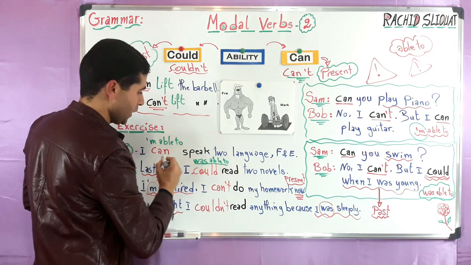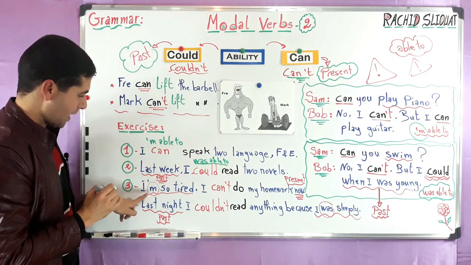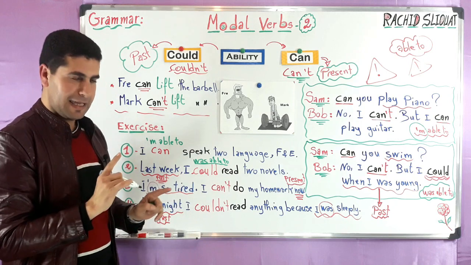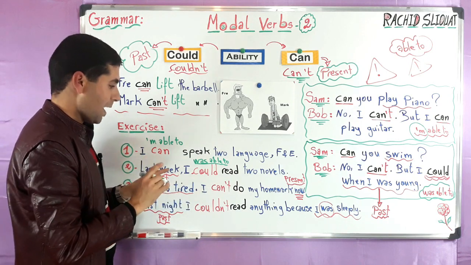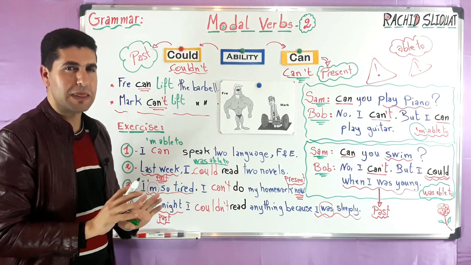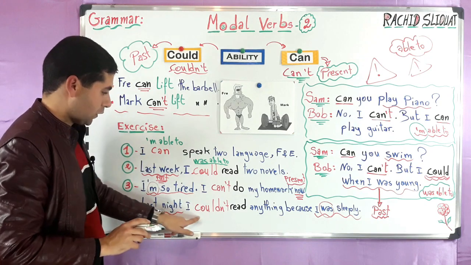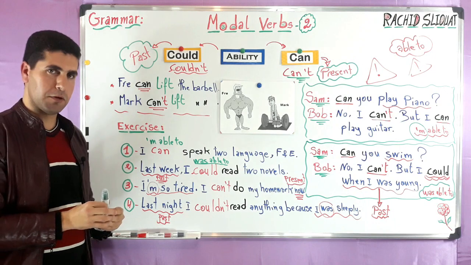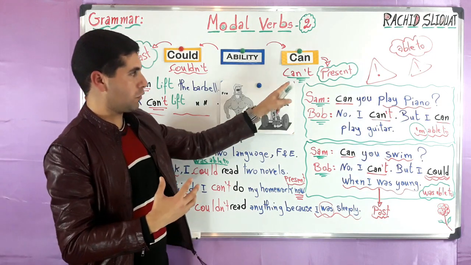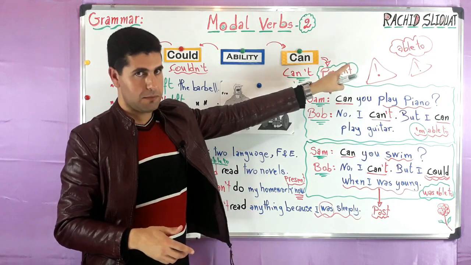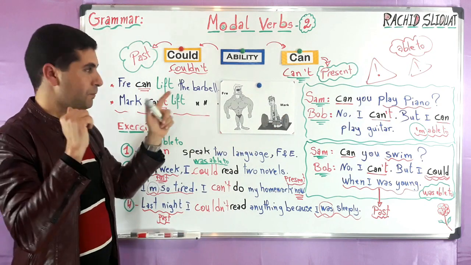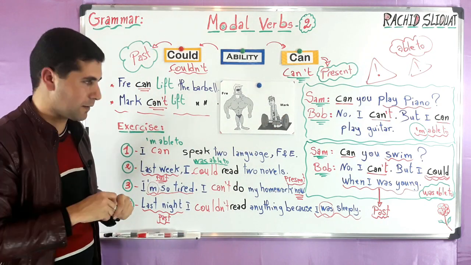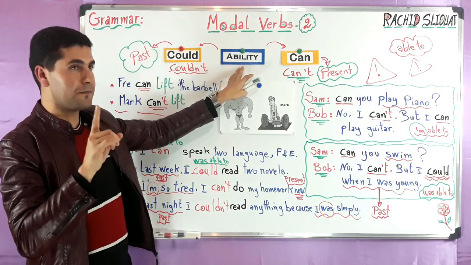I'm so tired, I can't, so negative: I'm not able to. I couldn't, or I wasn't able to. So can or could can be replaced by be able to, either in present or in the past. All right, so this is the first function, ability.